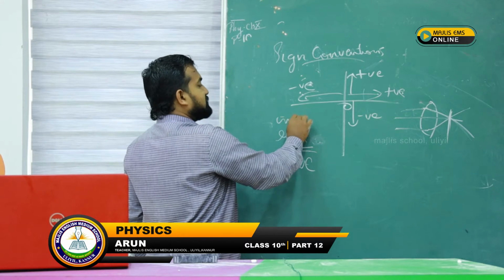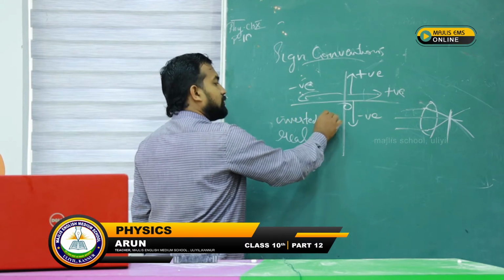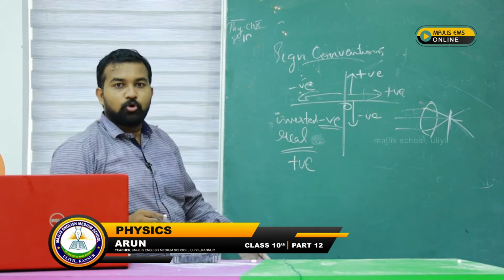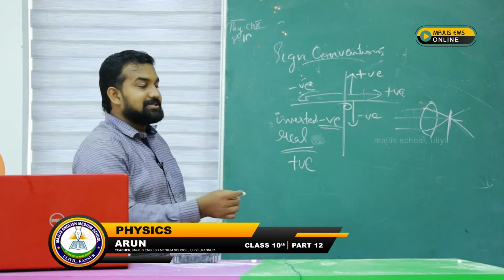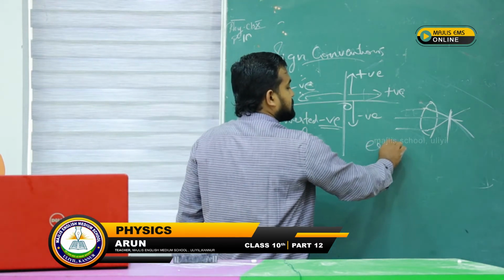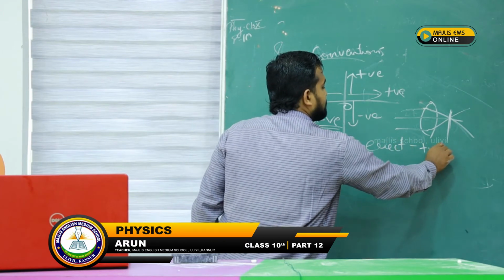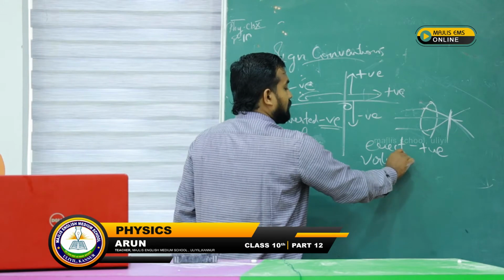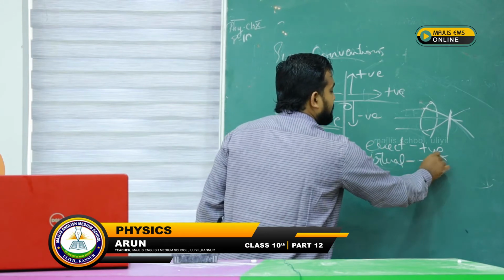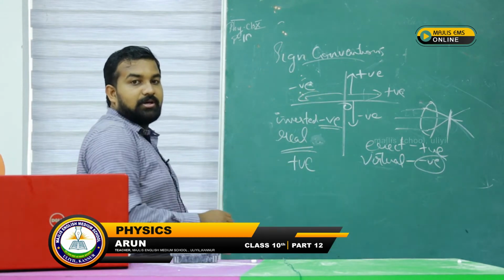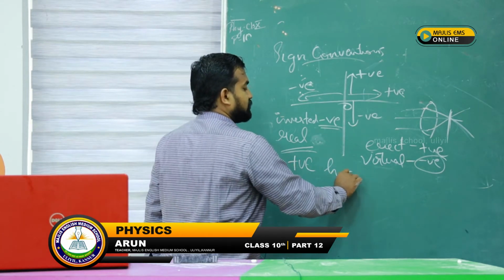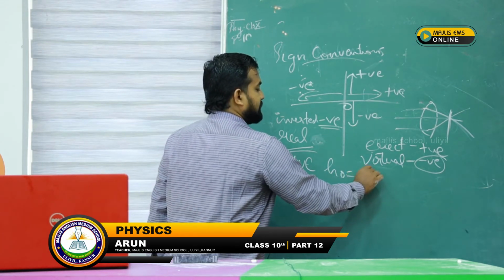And an inverted image will always be negative, below the principal axis. There is no doubt in that. Erect images will be positive. Virtual images will have a negative distance because they are on the left-hand side. The height of the object is positive.